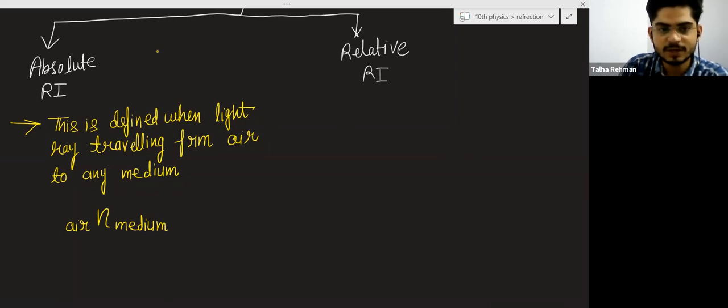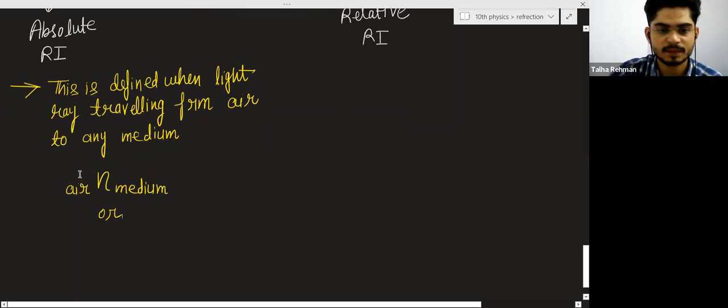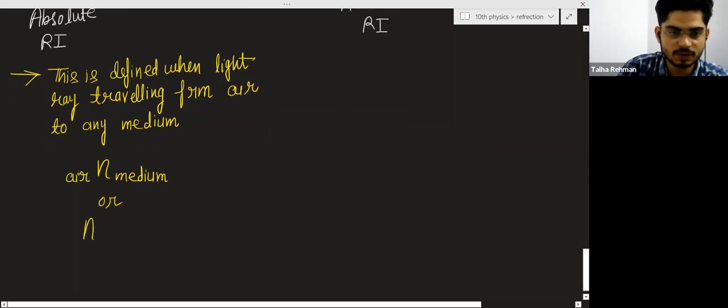You will write absolute refractive index like this, or you can write this simply as refractive index of medium.